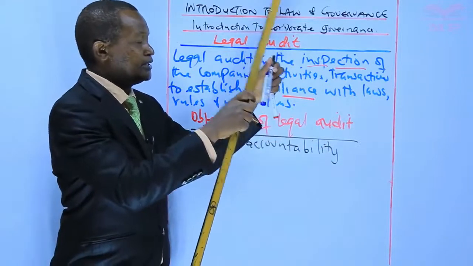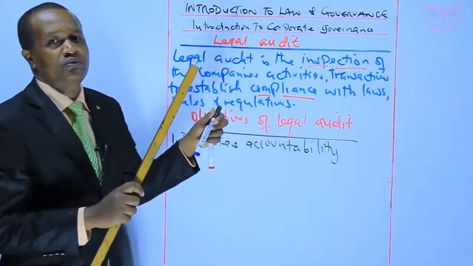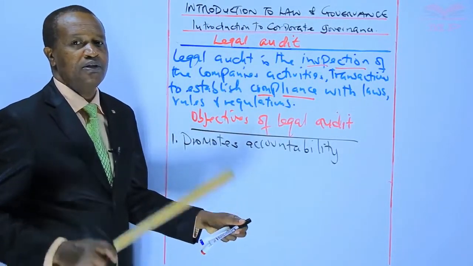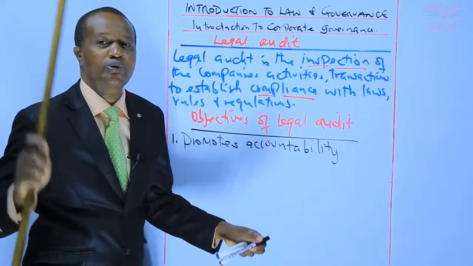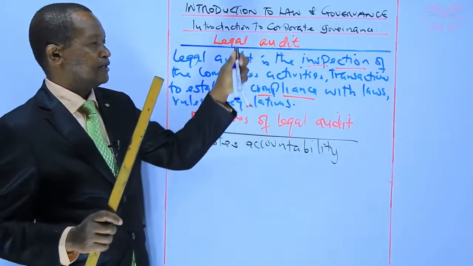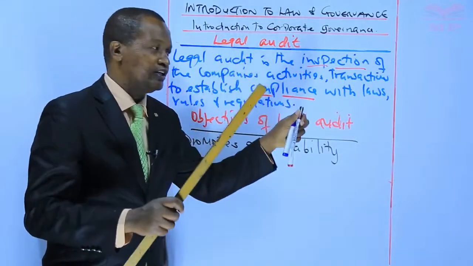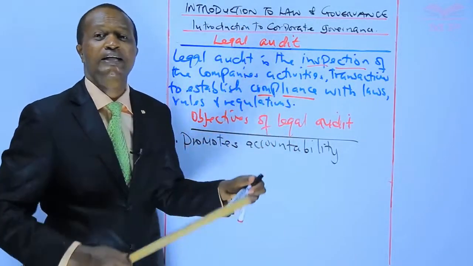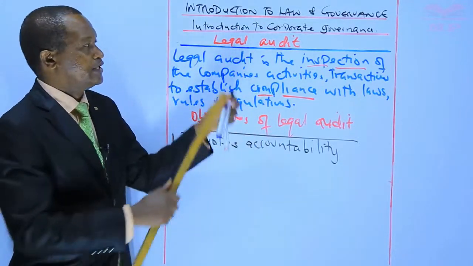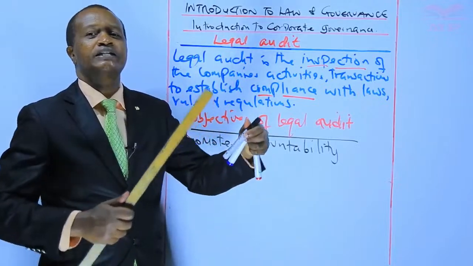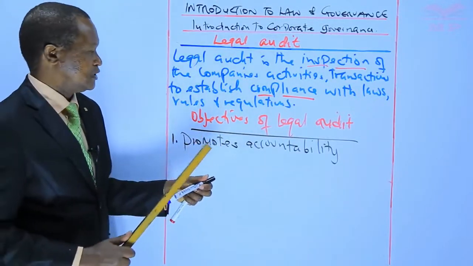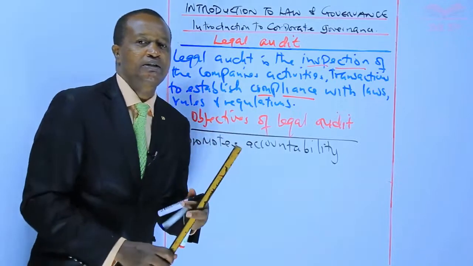So it's a systematic review of the transactions of the company. When the activities are compared vis-a-vis the requirements, then it's possible to identify areas that have not been complied with. So the legal audit will identify deviations, and that promotes accountability.